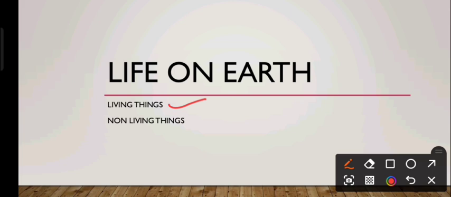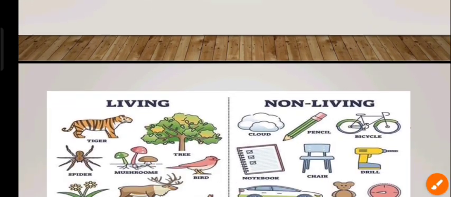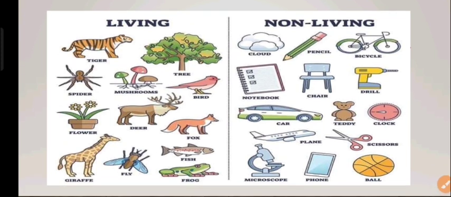Coming to non-living things, the things which are not alive, which don't have any life process and don't have life, are non-living things. Examples of non-living things: table, chair, pencil, toy, like that. Okay, understand? In the next slide you can see living and non-living things.